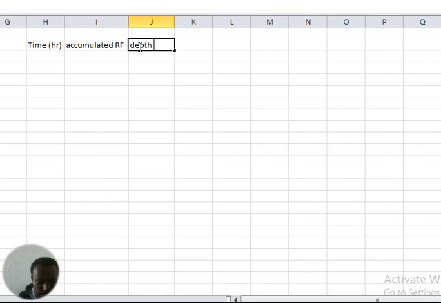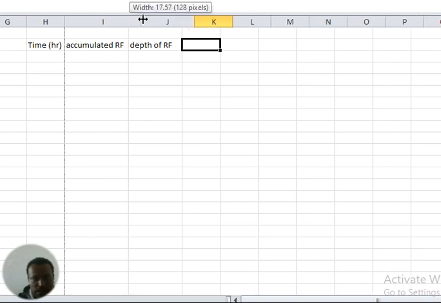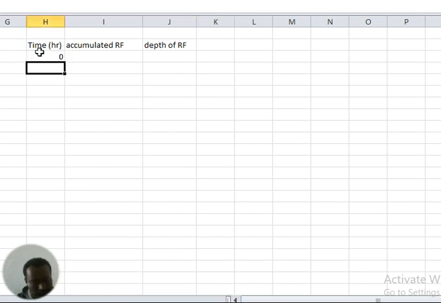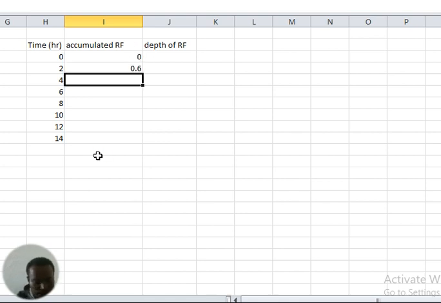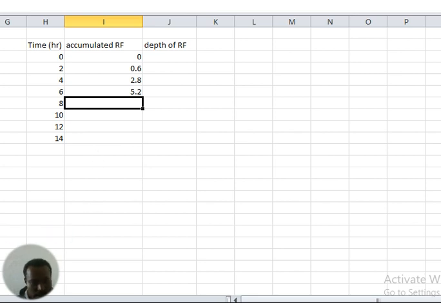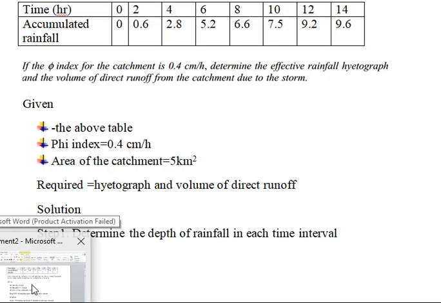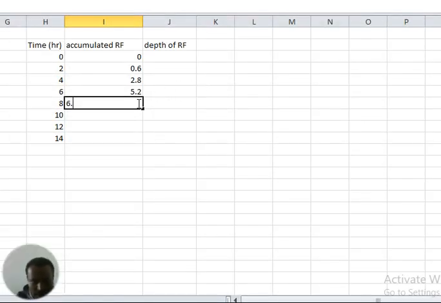After determining the depth of rainfall, the times are 0, 2, 4, 6, 8, 10, and the values are 0, 0.6, 2.8, 5.2, 6.6, 6.6, 7.5, 9.2.